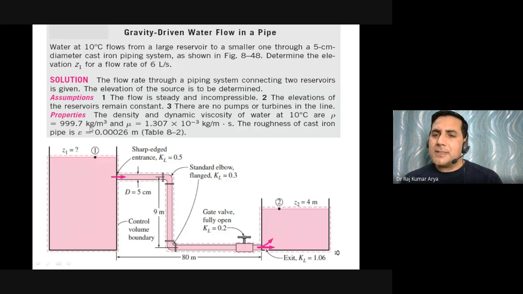And roughness is also given because this pipeline is made up of cast iron. For that, the roughness is given to you 0.00026 meter. So आपको सब कुछ दिया है. And flow rate is also given. How much flow rate is going on? 6 liter per second. Diameter is also given, 5 centimeter.